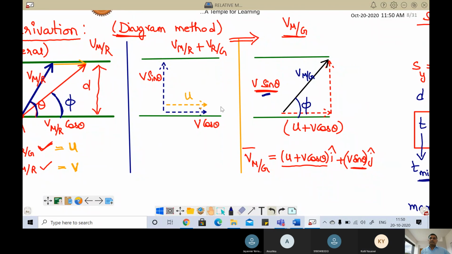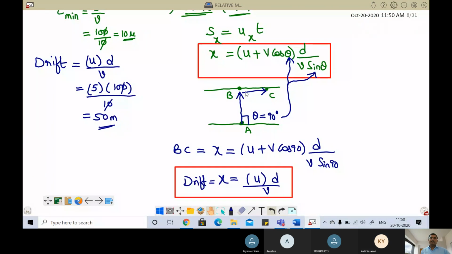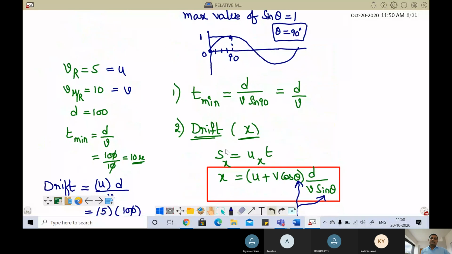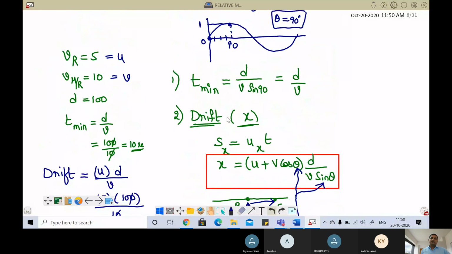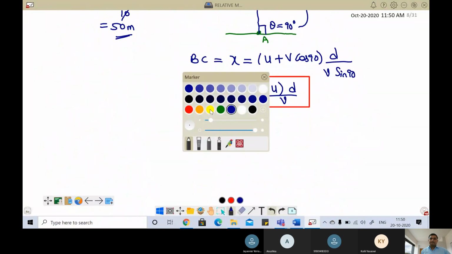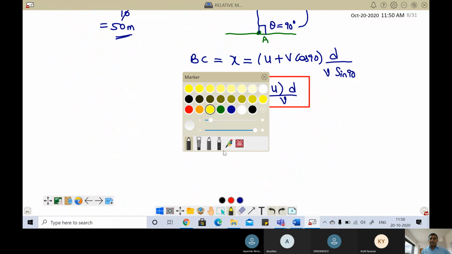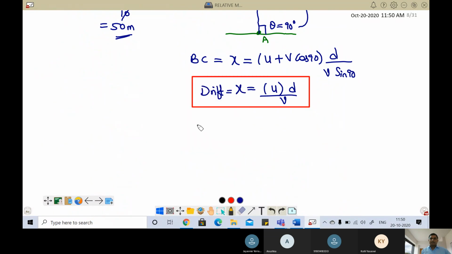So this is the second point. First point is time. Second point is drift. And then the third point, let us say yellow color. Yellow color is not visible, so orange color. The third point is the magnitude and direction of velocity of man with respect to ground.